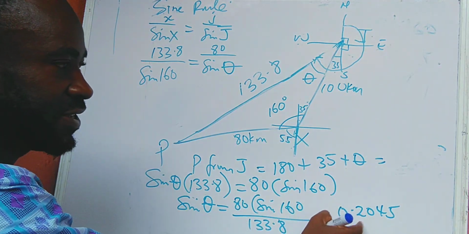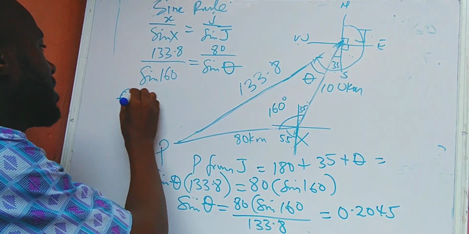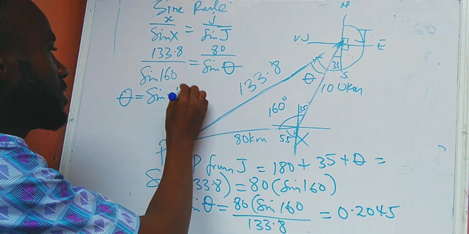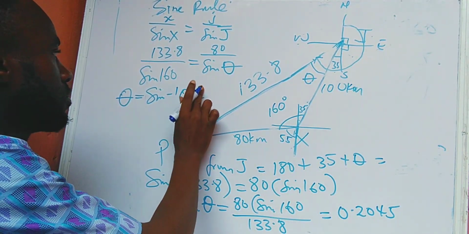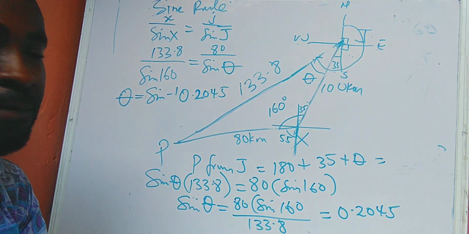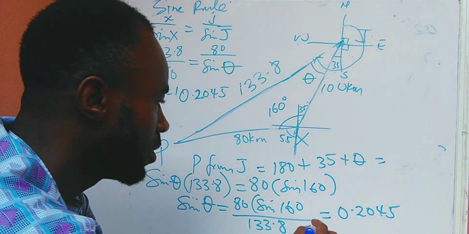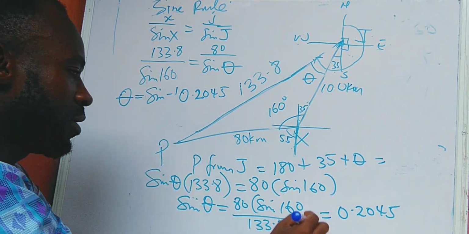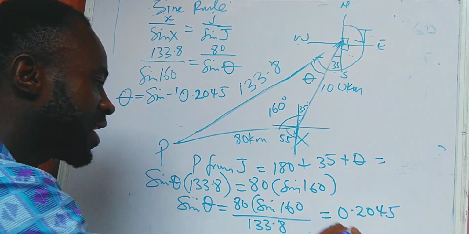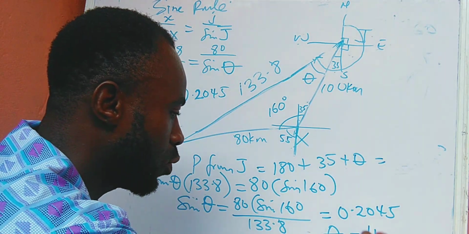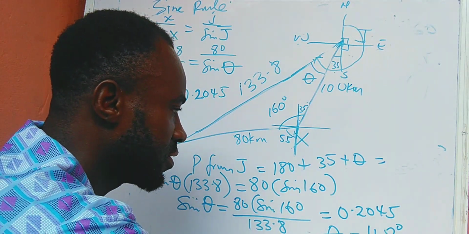If my sine theta is this, it therefore implies that my theta will be sine inverse of 0.2045. So my theta, sine inverse of this, is going to give us 1.8 degrees.